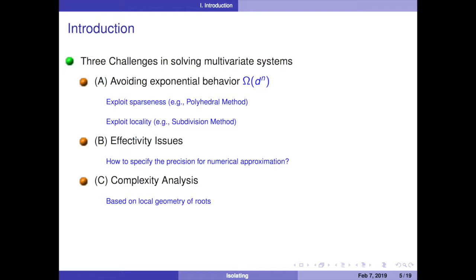So 3D meaning 2 variables? 2 variables or 3 variables. But Gröbner bases are not expected to be bad, right? That's right. But Gröbner bases will take you so far, right? Gröbner bases will take you to a triangular system. And note, for an engineer, that's useless. Not yet. You have to do the last mile. You have to get approximations.